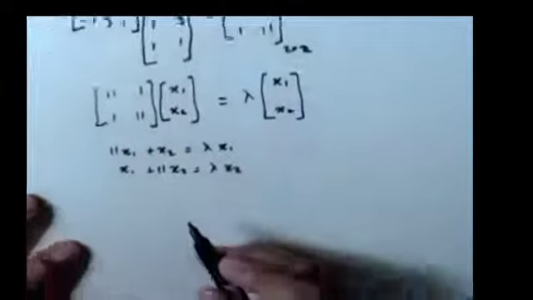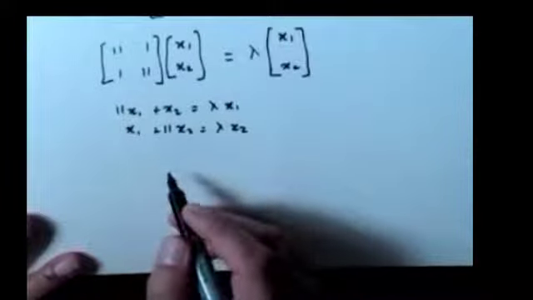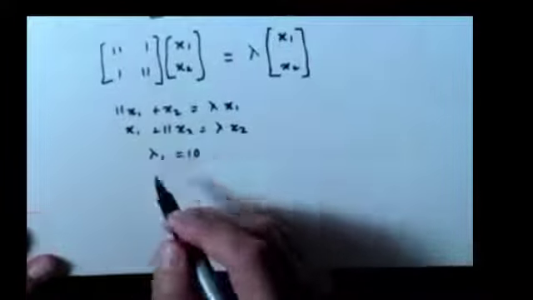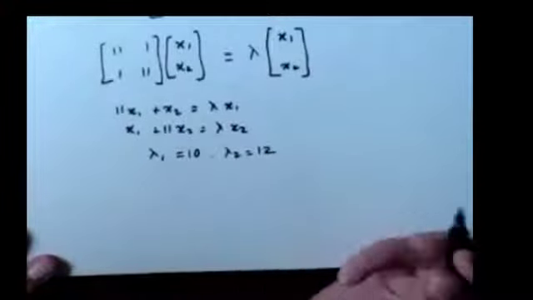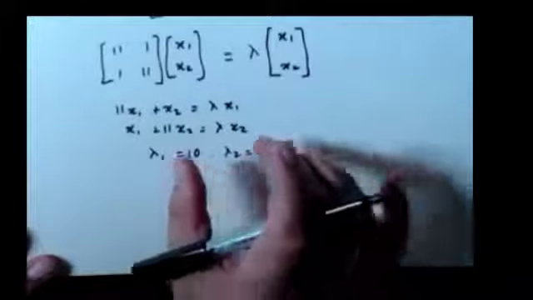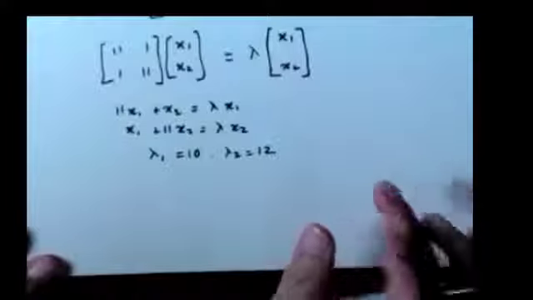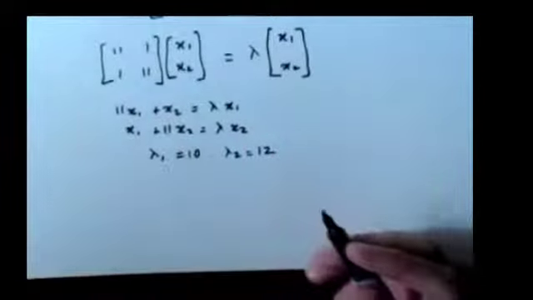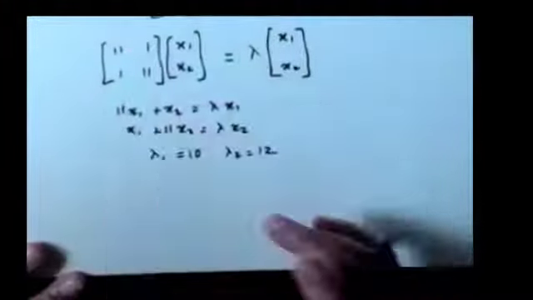We solve them simultaneously, and we get 2 values for lambda: lambda 1 is equal to 10 and lambda 2 is equal to 12. We plug these back in this equation one by one to find out the values for x1 and x2. That will be our eigenvector for this matrix over here.